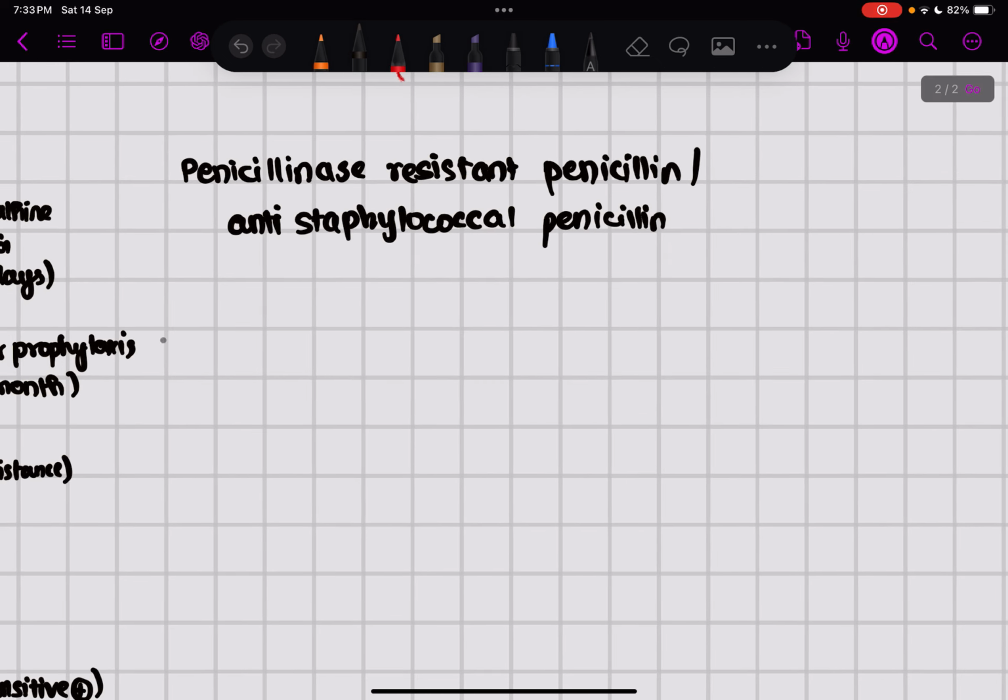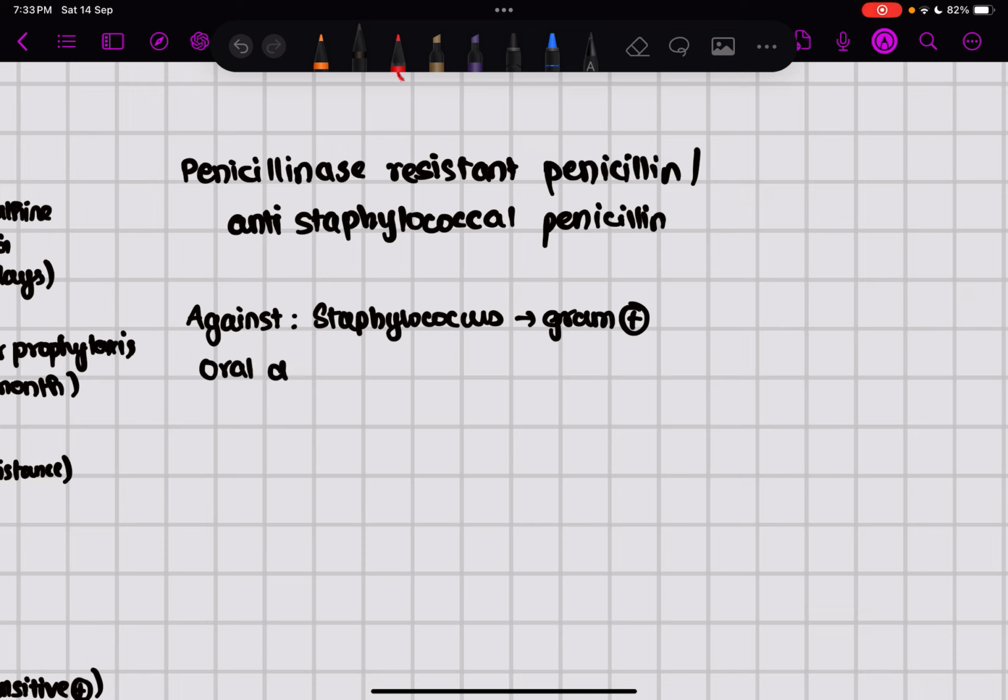Now this activity is against staphylococcus, which is gram positive, and we give oral drugs. What are the oral drugs? Oxacillin, cloxacillin, dicloxacillin.